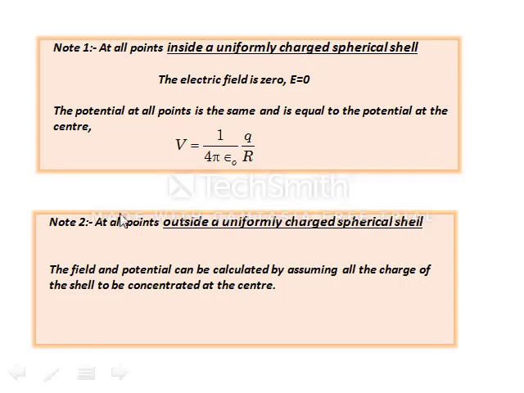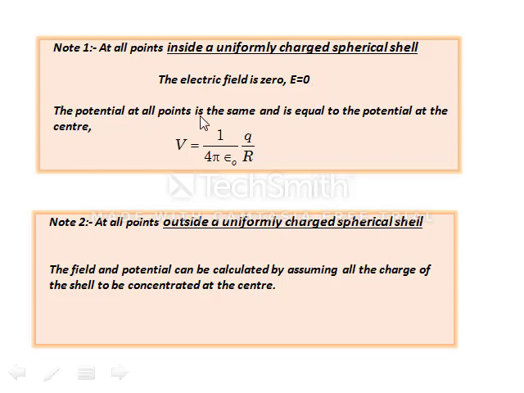So let's see the conclusion. This is a very important conclusion. First one, at all points inside a uniformly charged spherical shell, the electric field is 0. This we have derived using Gauss law. And as the field inside is 0, the potential must remain the same.